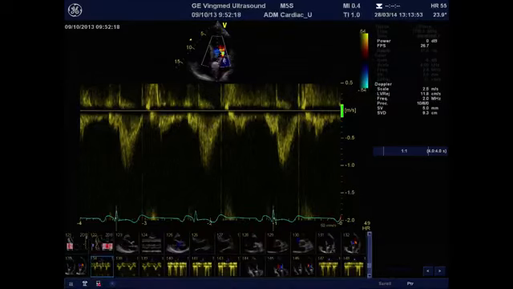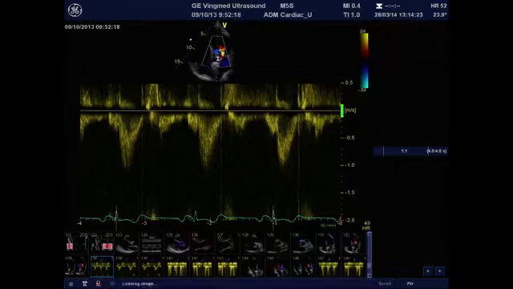If you put it too deep in the left ventricle, you will underestimate the stroke volume. And if you put it too close to the prosthesis, you will overestimate the stroke volume because you will interrogate the acceleration zone. So you really want to be just 1 centimeter above the prosthesis.